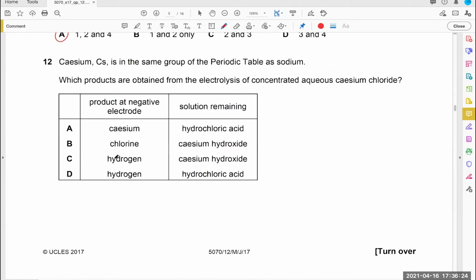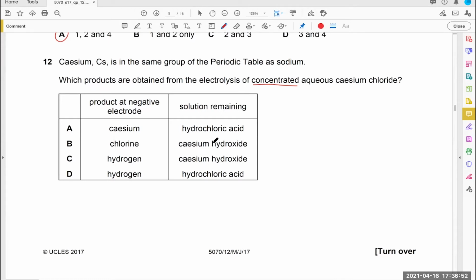Cesium is in the same group of the periodic table as sodium. Okay, so it's in group 1, which means the properties we would expect from it should be the same as sodium. Which products are obtained from electrolysis of concentrated cesium chloride? So when you have concentrated salt, that salt will break down as well. But on the cathode, we will get hydrogen because that is less reactive.